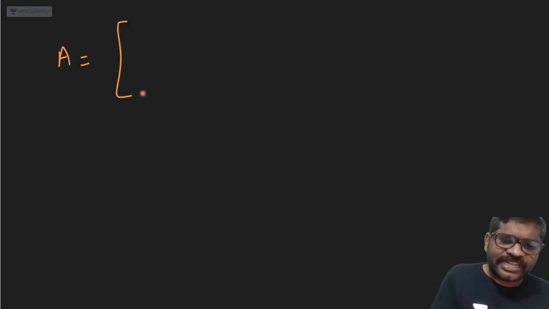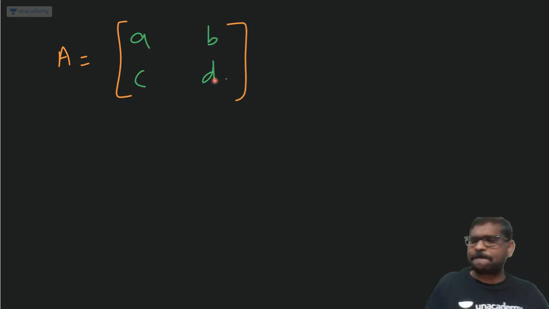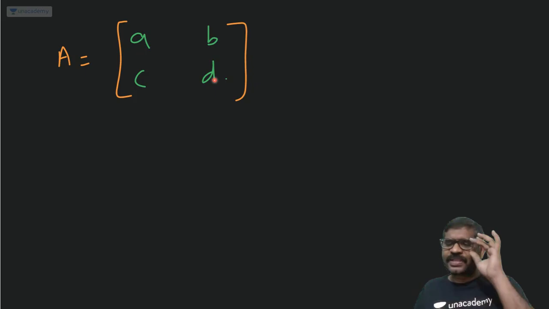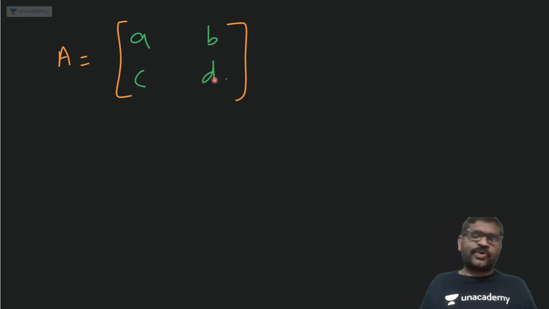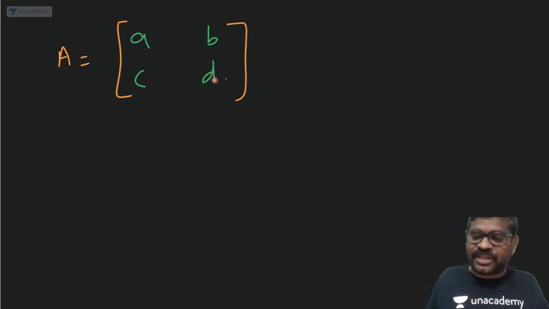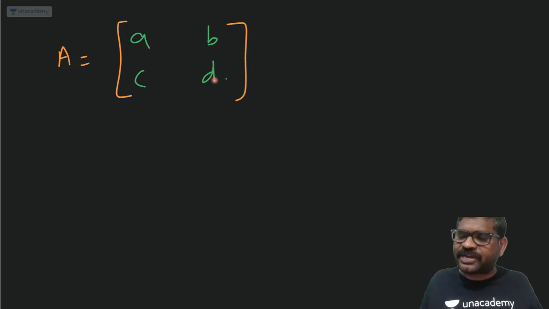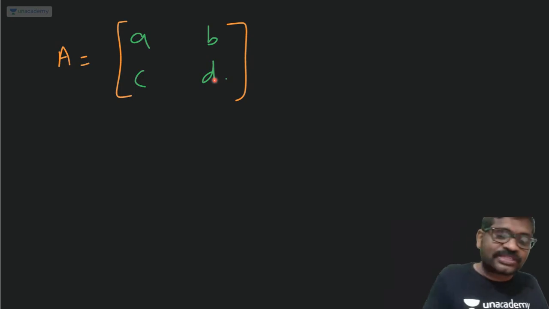Suppose matrix A is A, B, C, D. Now, what is adjoint of A? To write adjoint of A, first you have to write cofactor matrix. What is cofactor matrix?